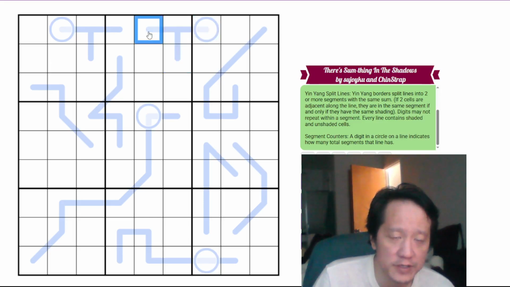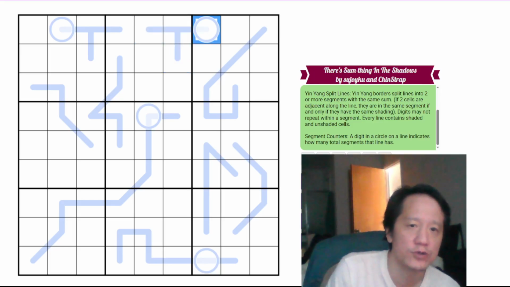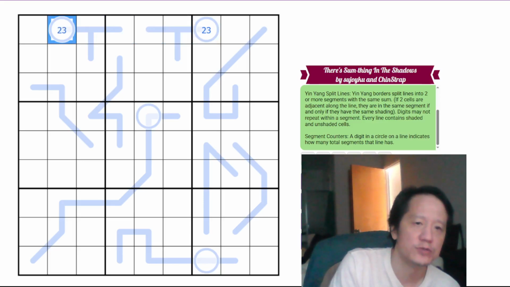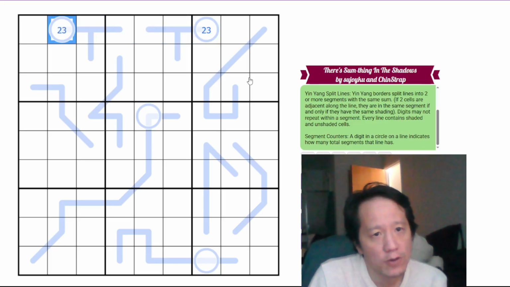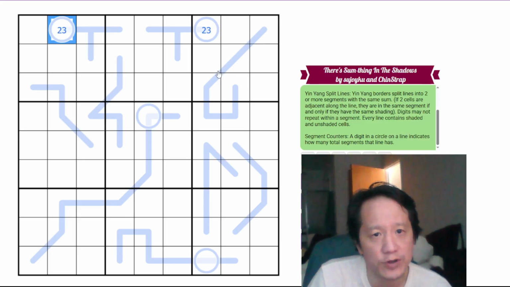But the problem is you can't have all 4 here, right? Because then all 3 of these would be the exact same value. And we'd have a repeat then. So this is 2 or 3. This has to be 2 or 3 also. Now that's interesting. Which one can actually have 3 though?